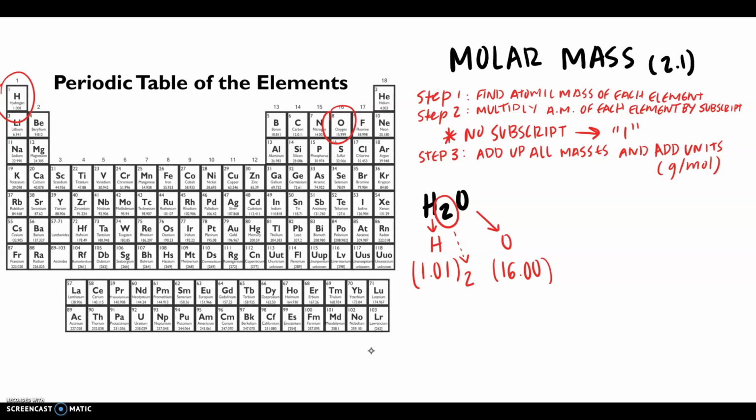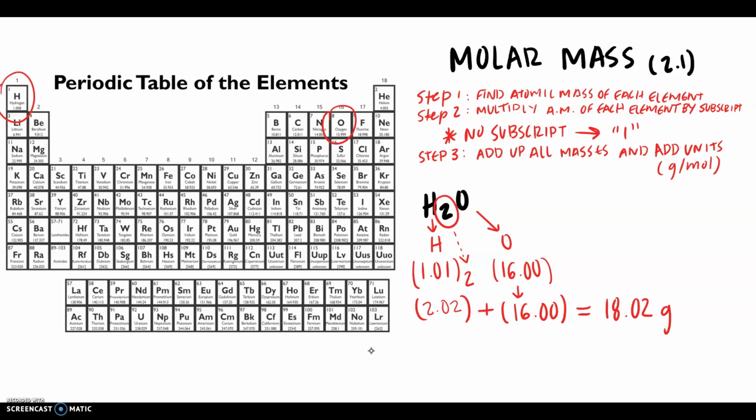And what this is indicating is that we have 2 hydrogen atoms. So that means that we're just going to multiply the atomic mass of hydrogen times 2. So that would be 2.02. We have 2.02 as our atomic mass for our 2 hydrogen atoms. And then we just bring this one down, right? Plus 1 atom of oxygen, which ends up giving us 18.02.